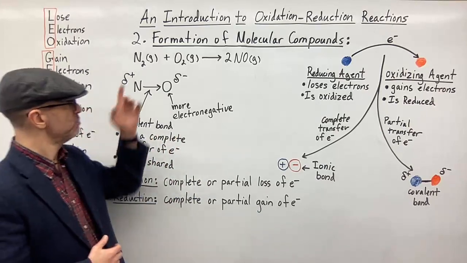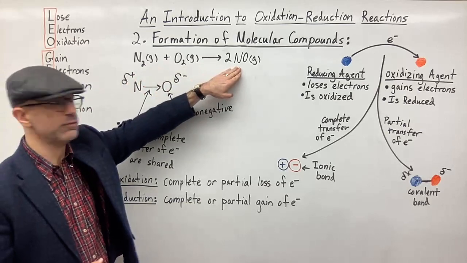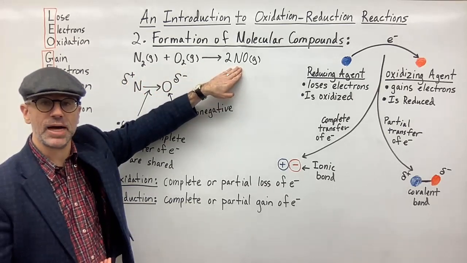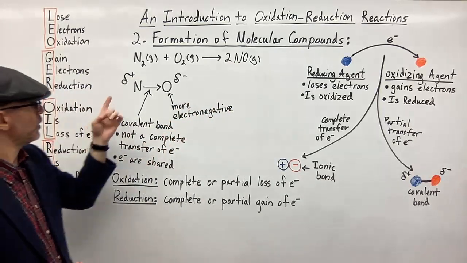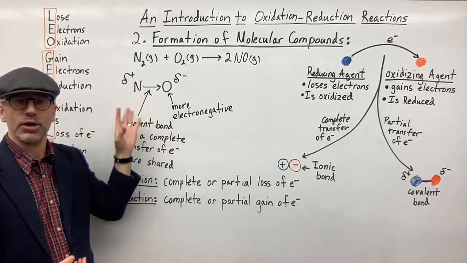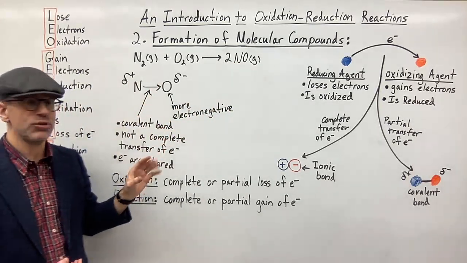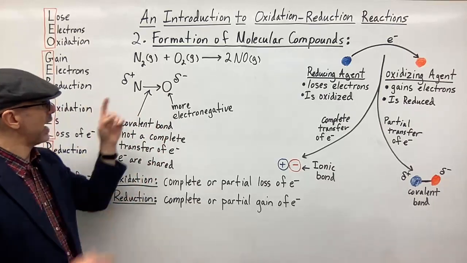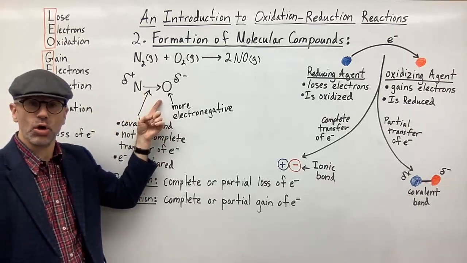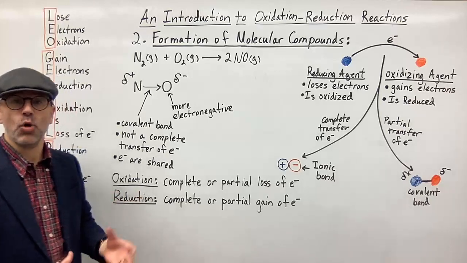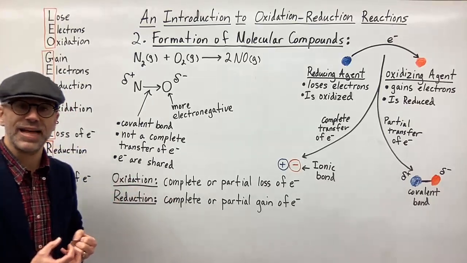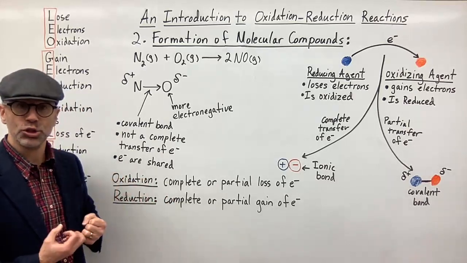So here, you have a sharing of electrons to form a covalent bond between the nitrogen and the oxygen. And so when you look at that bond, there is not an equal sharing of the electrons insofar as the oxygen is more electronegative. So if you remember, the more electronegative atom is going to pull those electrons that are in the bond closer towards it.